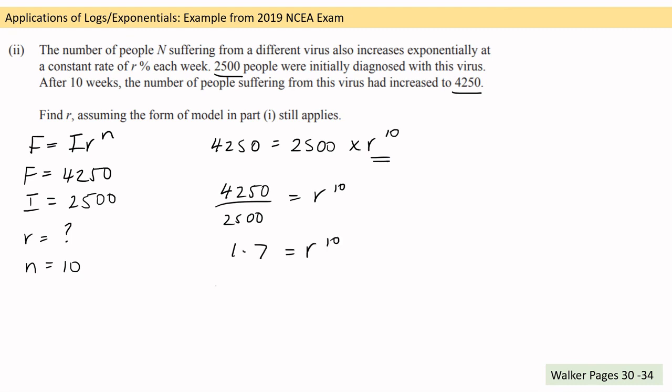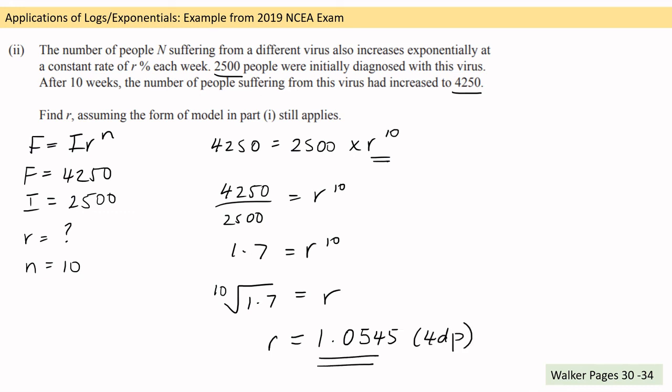To find R, we need to take the 10th root of 1.7. Okay, do that to both sides to get rid of that to the power of 10. And then we get R is equal to 1.0545. That's to 4 decimal places. Okay, and our rate of change, remember, is the bit after the 1.